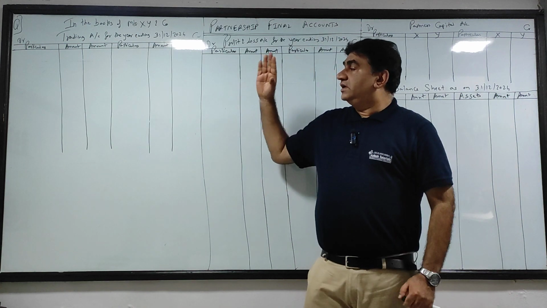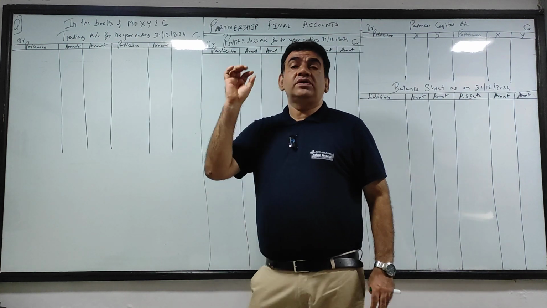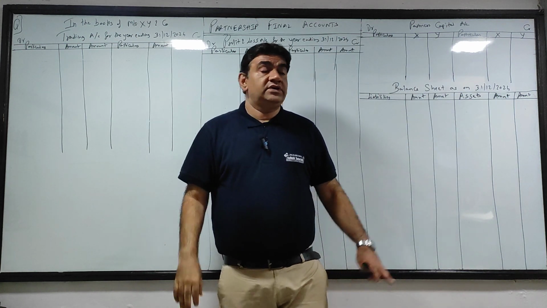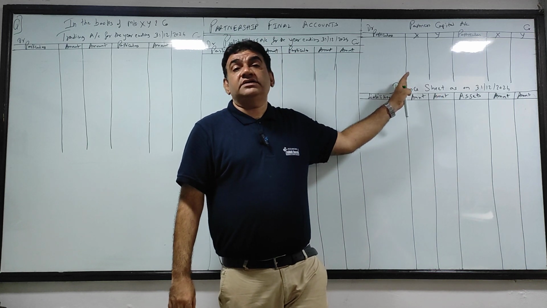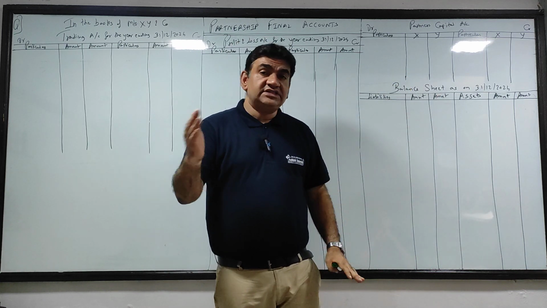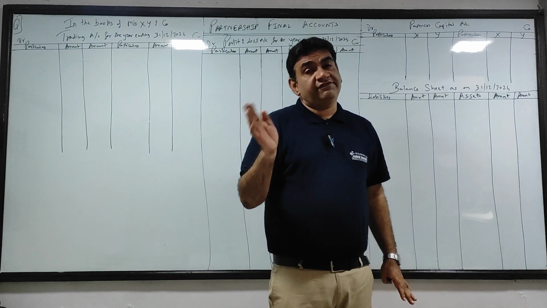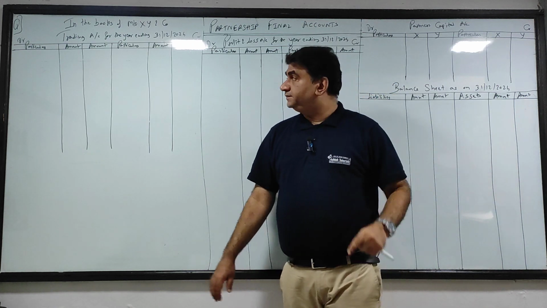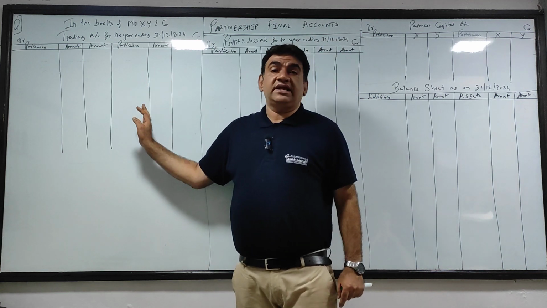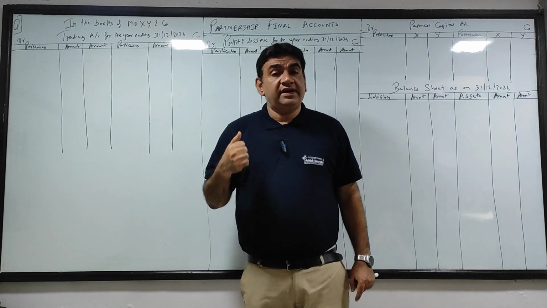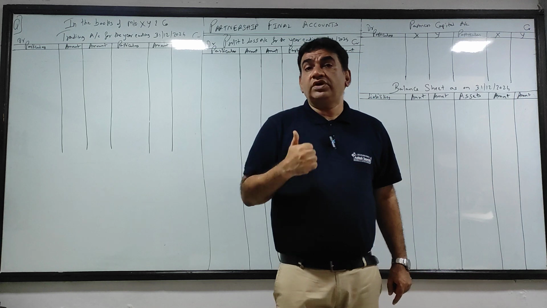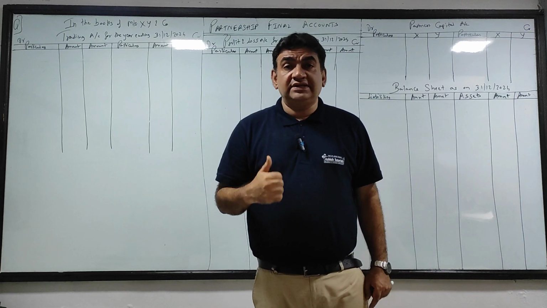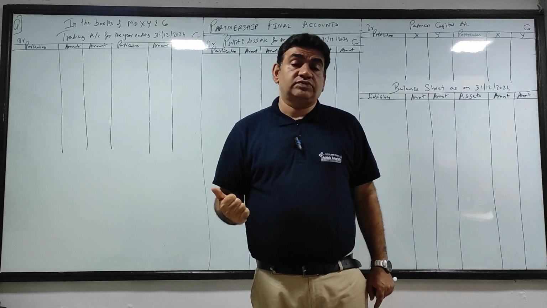Now, because as I told you, there is partnership, so there will be additional partners capital account. Now just let's brush up what you all have done in SYJC along with a bit extra what we are going to do now. The first account is trading account. Why do we prepare trading account? The main motive of preparing trading account is to know the gross profit.